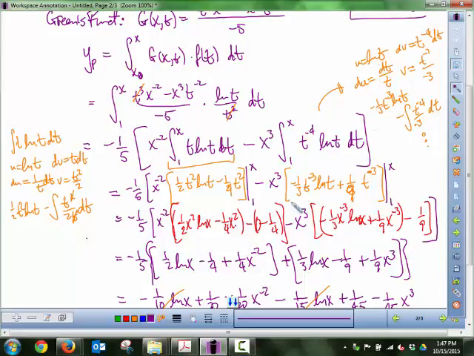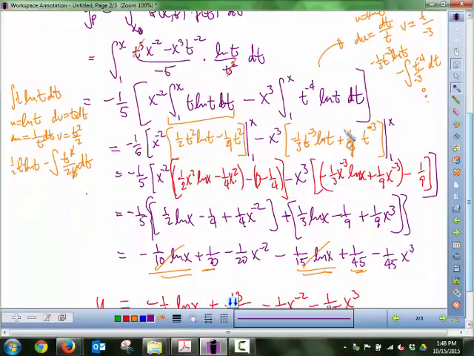So uv minus v du. It has to be somewhere over here. du is negative, so it should be plus.